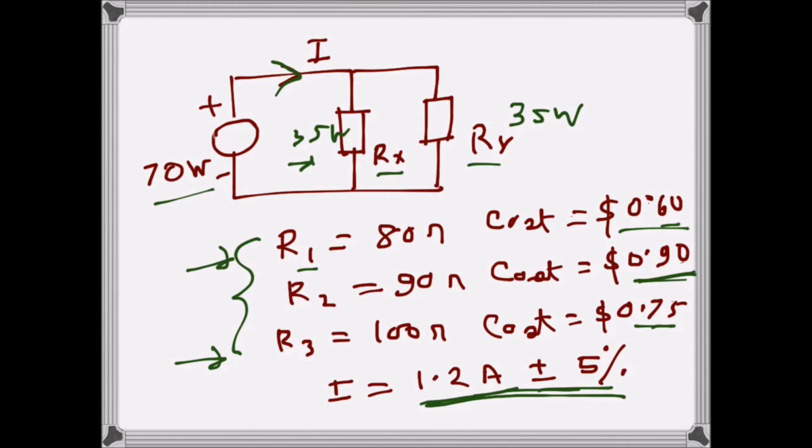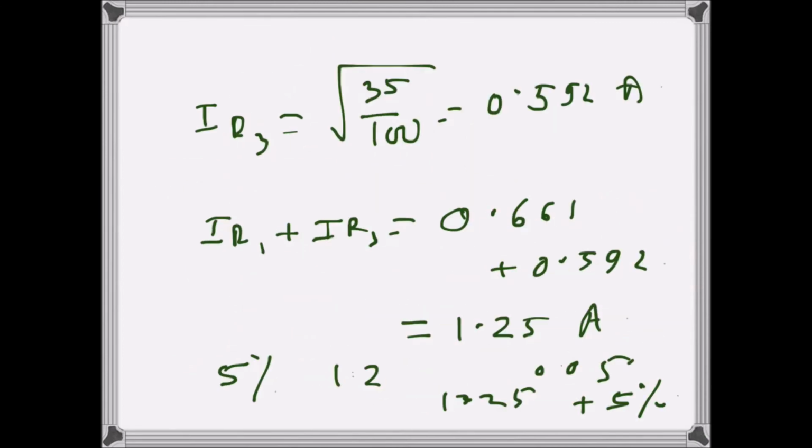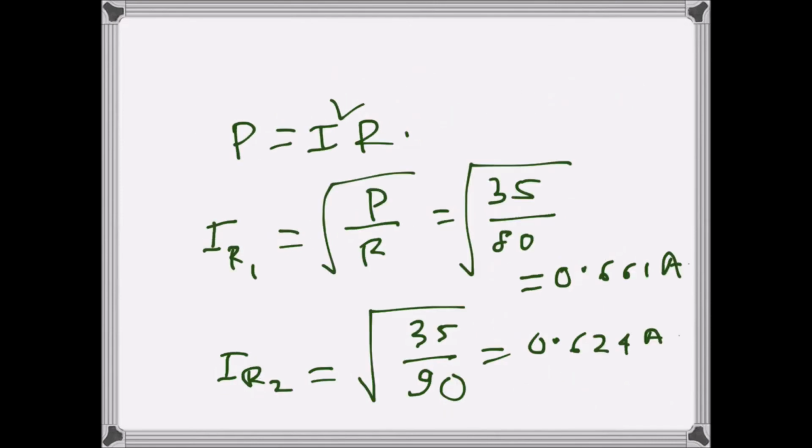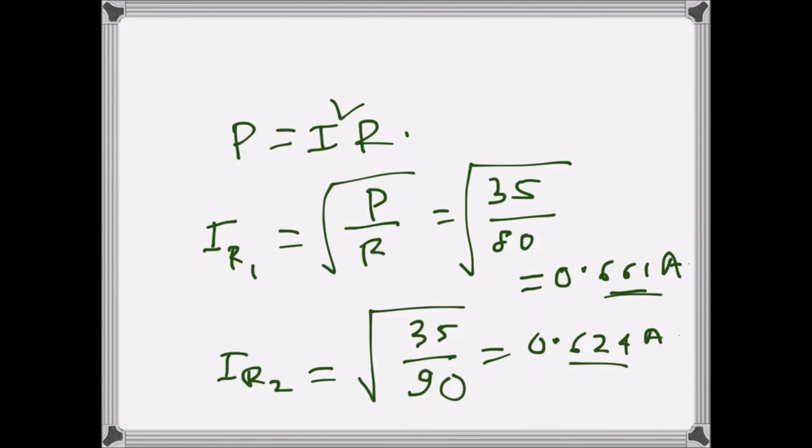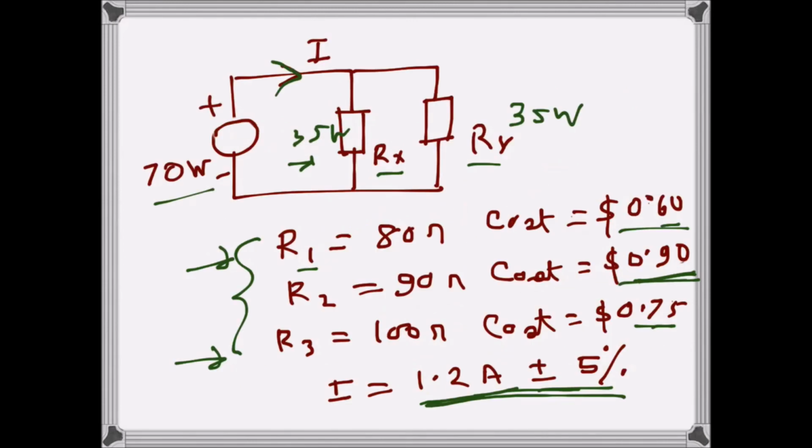Of course, if we had chosen R2 and R3, we would get even less current, because this is 0.661, this is 0.624, but we can go as far as plus minus 5%. That way we are minimizing the cost, because if we had chosen the second one and the third one, the cost would be more. That would be $1.65.